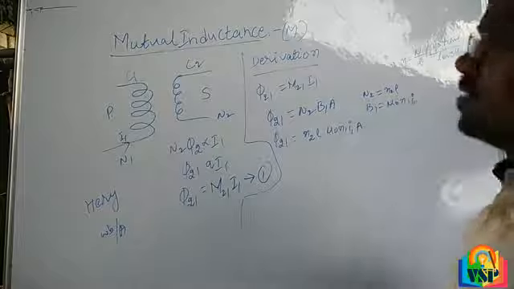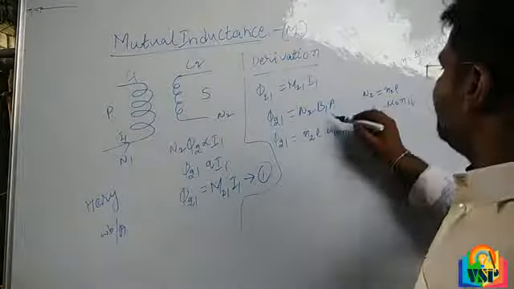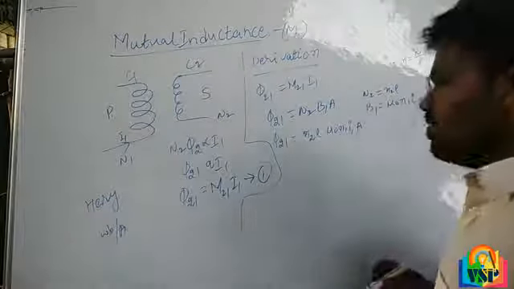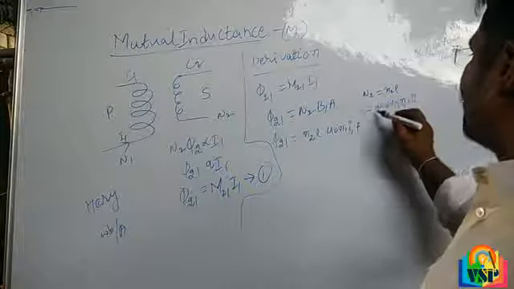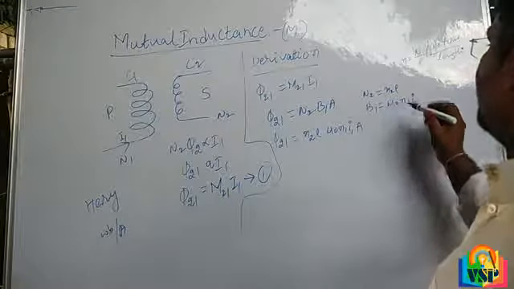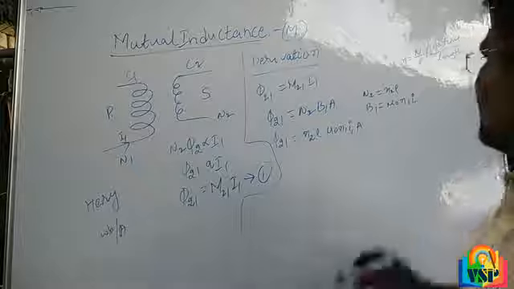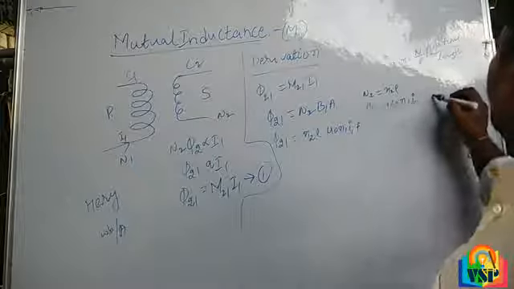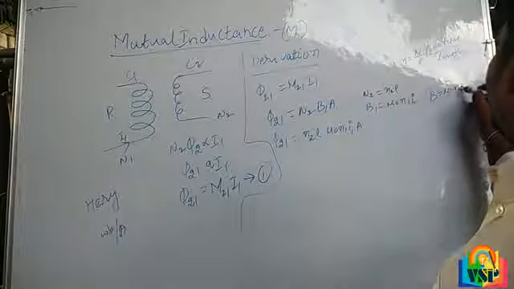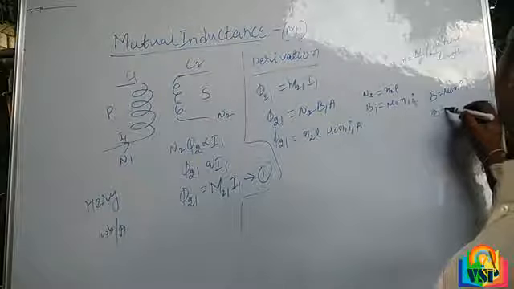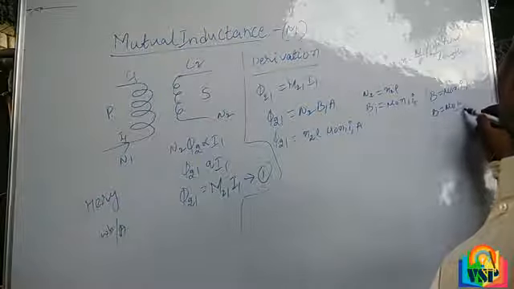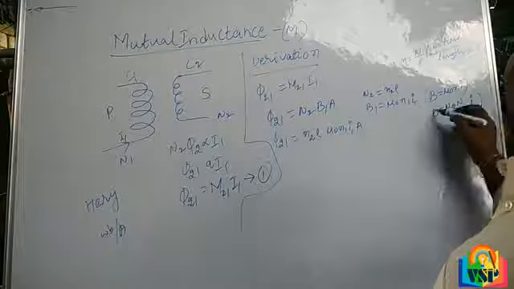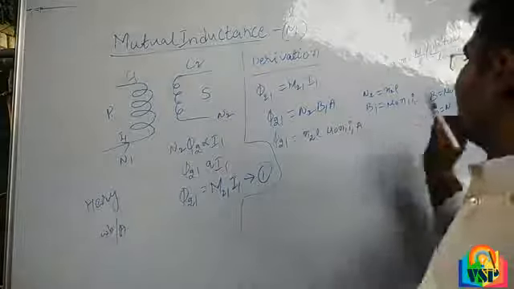Understand? Like that. And here B1 is the magnetic field of a solenoid. For a solenoid, B is equal to mu naught n into I, or B is equal to mu naught capital N by L into I. Understand? From this you can write B1.